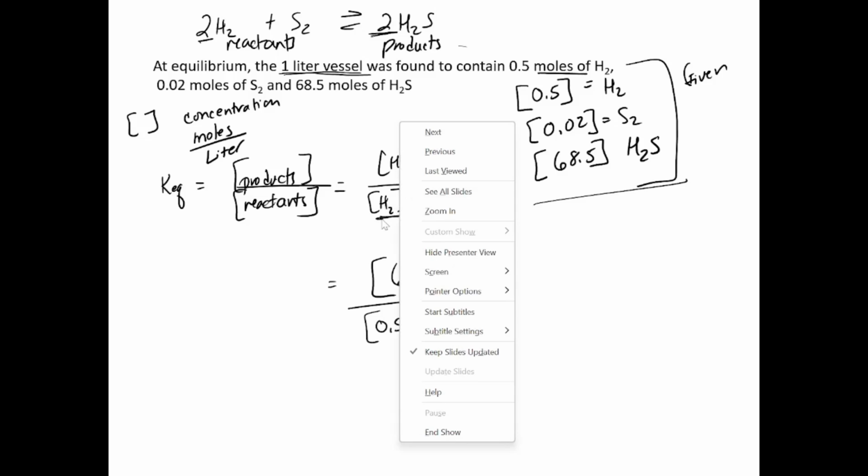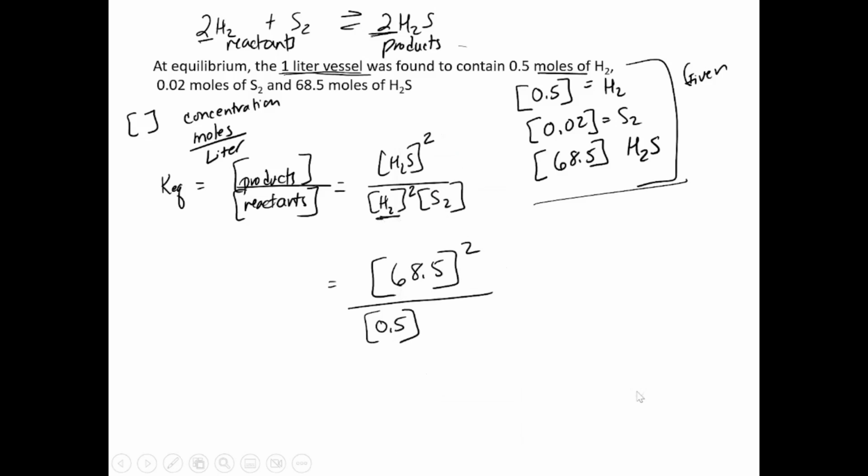That's going to go in for the H2 here at the bottom, and I'm going to square that, okay, because H2 has a 2 in front of it. I'm going to substitute in the 0.02 for the S2. I don't square that because it doesn't have a coefficient. We know that if there's not a written number, that coefficient is 1.